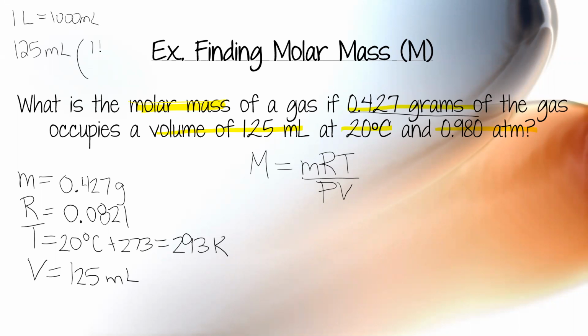So I'm going to take 1 liter divided by 1,000 milliliters. So 125 divided by 1,000 gives you 0.125 liters. You should know how to do that. And then P is already in atmospheres. Oh, thank goodness.